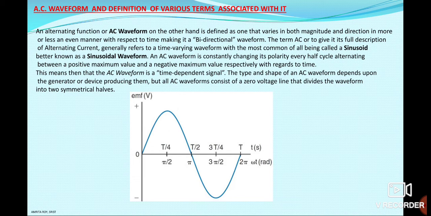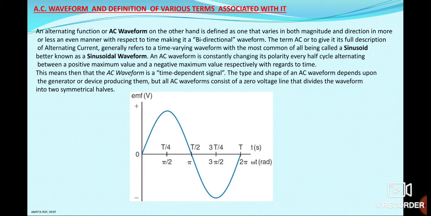The term AC gives its full description, alternating current, generally referring to a time varying waveform, with the most common of all being called the sinusoidal waveform. So an AC waveform is basically a time dependent signal.